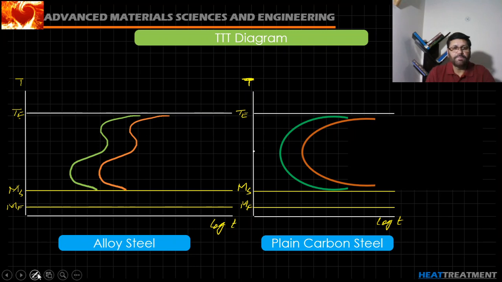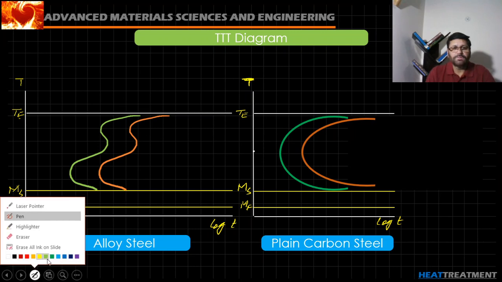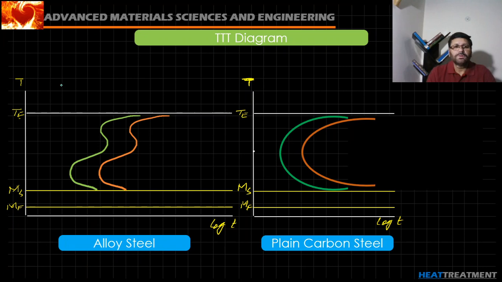Now this is the stable phase of austenite, and here we have the austenite plus pearlite and austenite plus bainite.